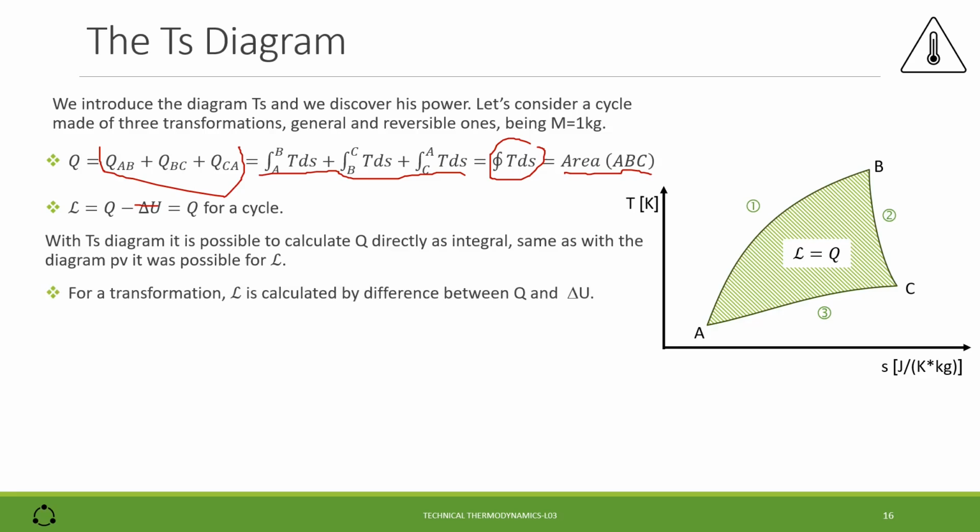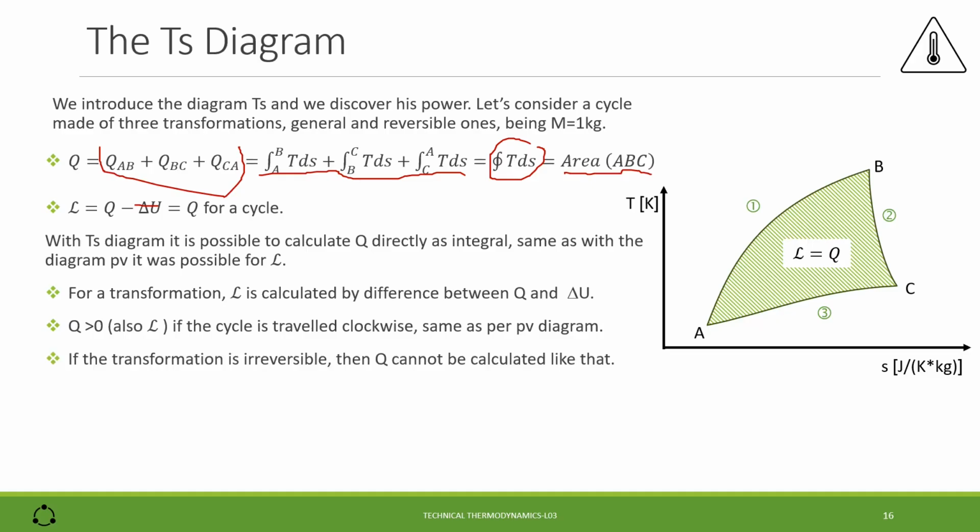For a transformation, the thermodynamic work is calculated by the difference between Q and delta U. If Q is positive, also the work is positive, the cycle is traveled clockwise, same rule as for the PV diagram.